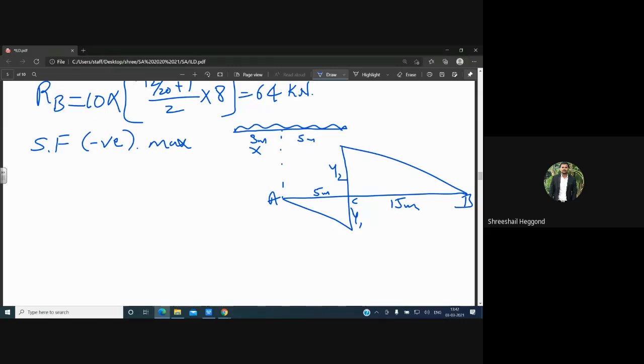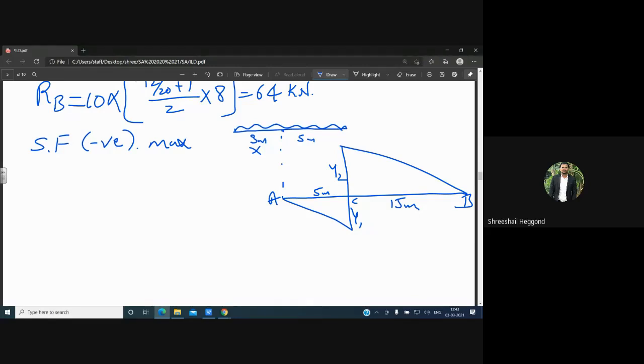Our given UDL is a total of 8 meter, but our available span for the negative side is only 5 meter. Therefore, the 3 meter span you need to leave and you need to use only the 5 meter span. इसका मतलब हुआ ट्रेन 8 मीटर का है, अपना ब्रिज का एक मिड पॉइंट या एक पॉइंट दिया है, उधर only 5 meter space is there. आगे इंजन और 2-3 डब्बी है अंदर ब्रिज के ऊपर और बाकी जमीन के ऊपर.